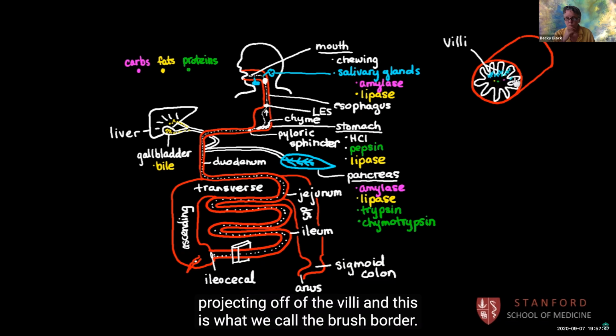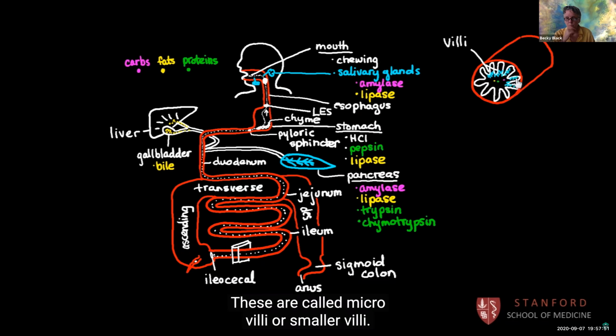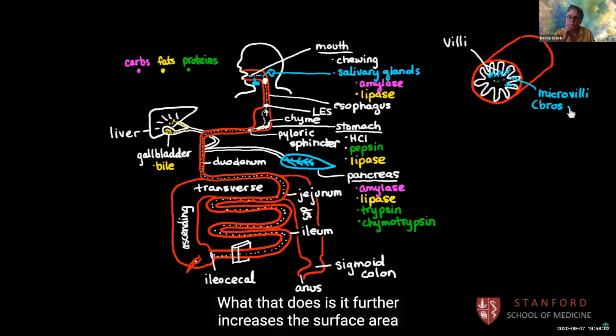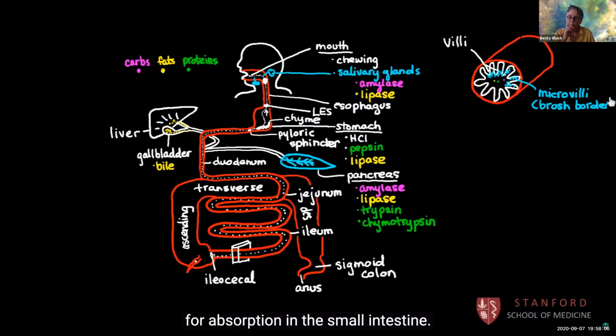And this is what we call the brush border. These are called microvilli, or smaller villi. And the microvilli make up the brush border. And what that does is it further increases the surface area for absorption in the small intestine.